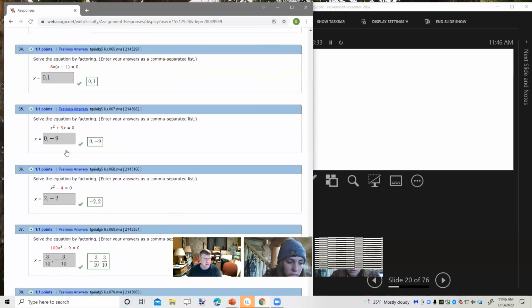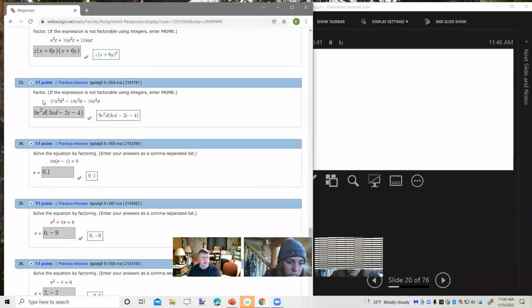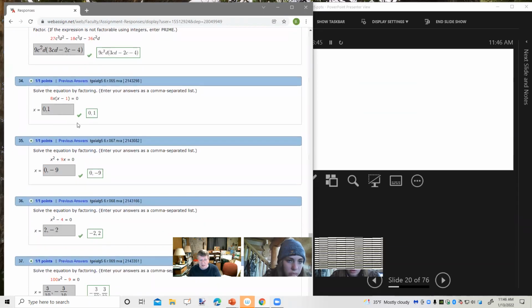But now let's go down here. It says solve the equation by factoring. This is an equation. You do solve this. But I've had students take a problem that was factoring and solve it, take a problem that was solving and just factor it and then stop. So be sure to follow the directions. If it just says to factor it, don't solve it. If it says to solve it, don't stop when you're factoring it, okay?